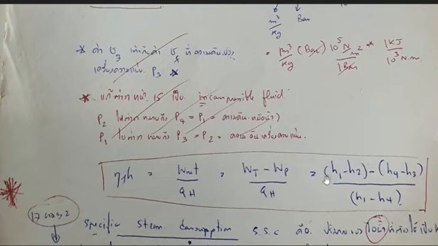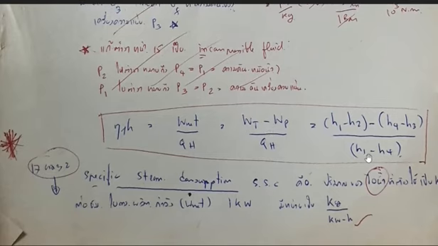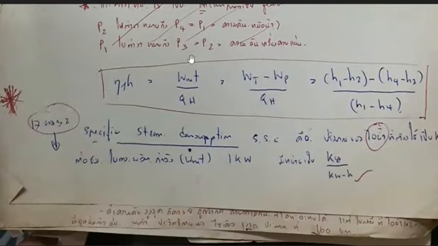We will get work turbine would be H1 minus H2, minus work pump would be H4 minus H3, divided by QH, which is H1 minus H4. So if we can determine the enthalpy at points 1, 2, 3, 4 from the graph, we can determine the thermal efficiency of the cycle or thermal efficiency of the plant.